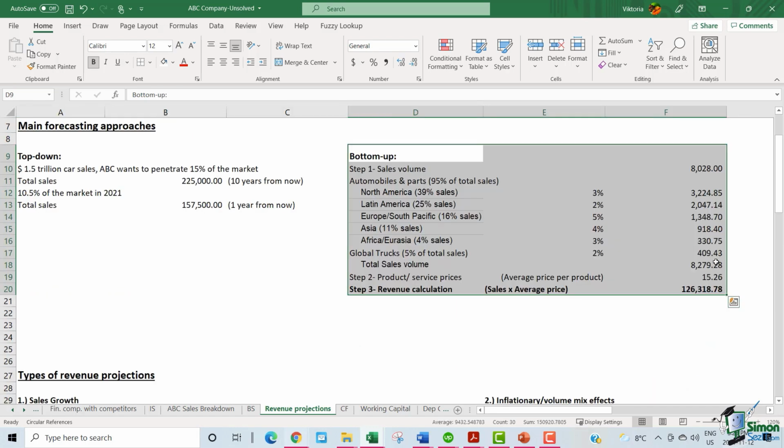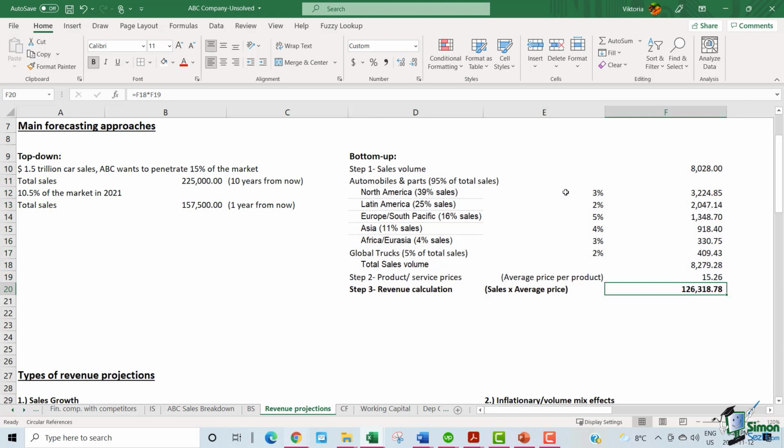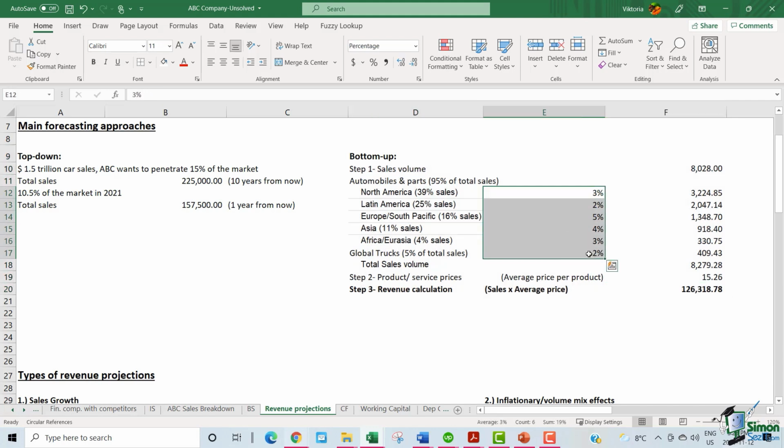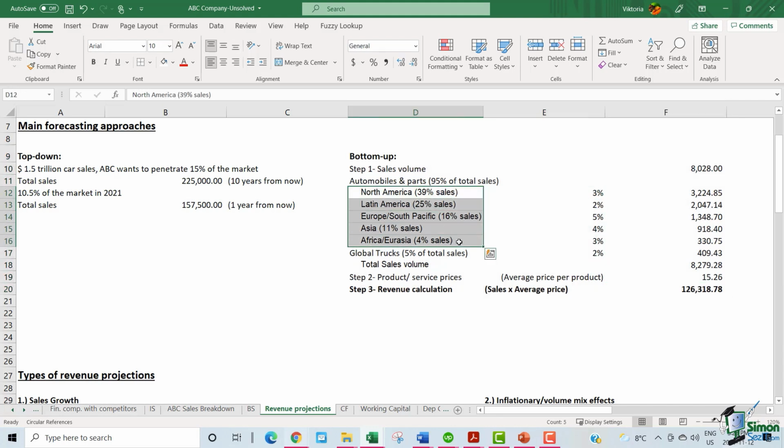In the previous module, we also calculated the revenue for 2021 based on the growth rates and the sales proportions by geographic location. Let's see how the revenue projection from 2021 through 2025 looks like.